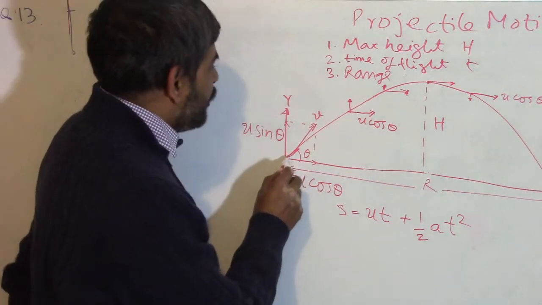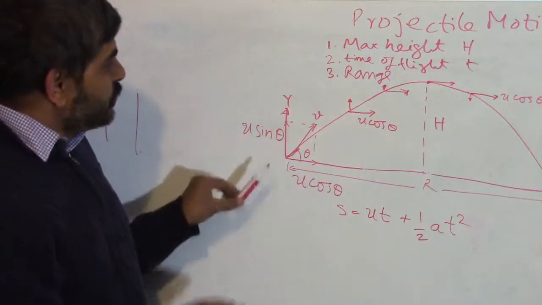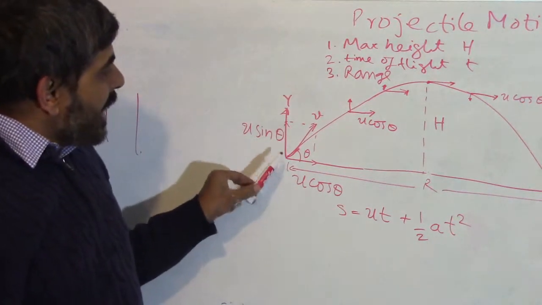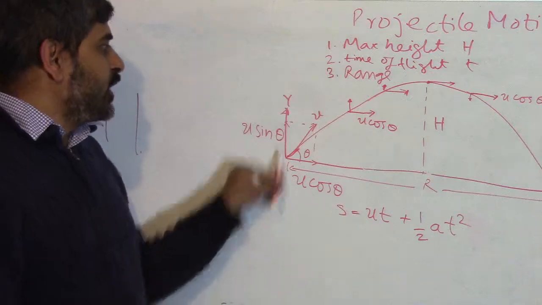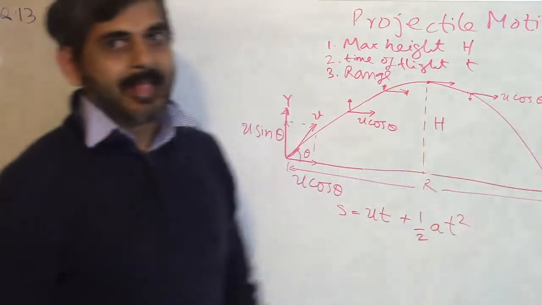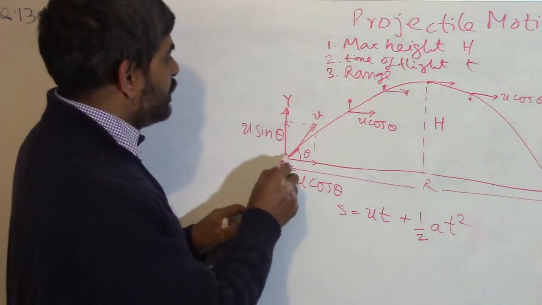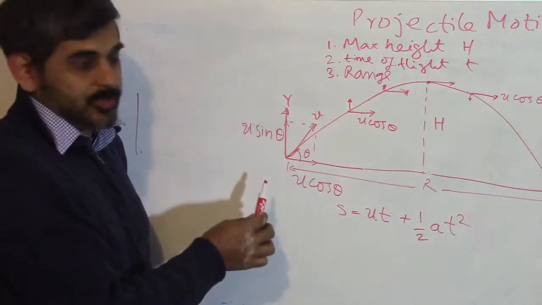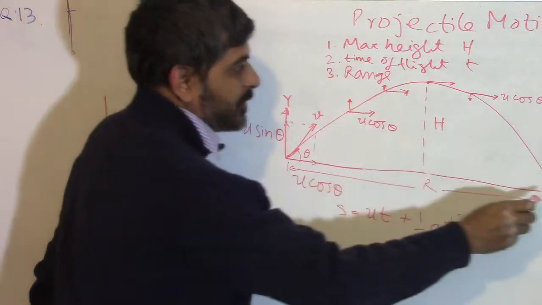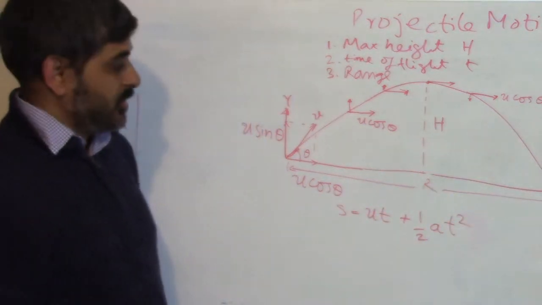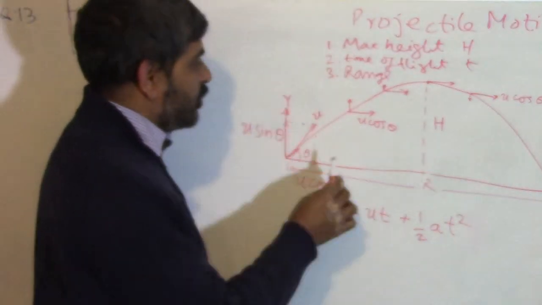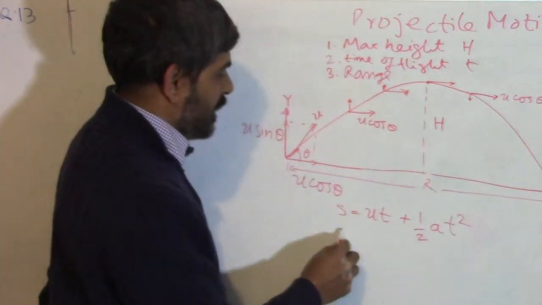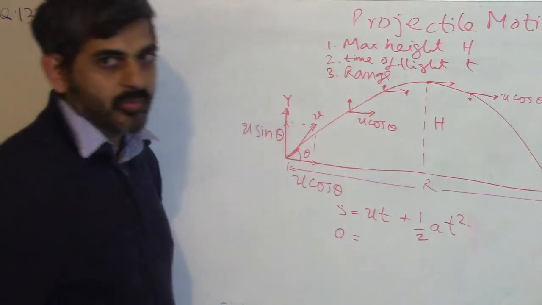Now, what happens when we have thrown this with velocity u? Let's again consider the vertical displacement. When it starts from here and reaches here, what is the vertical displacement? It is maximum here, but again it becomes 0 here. So for the vertical motion between this point and this point, the displacement is 0.